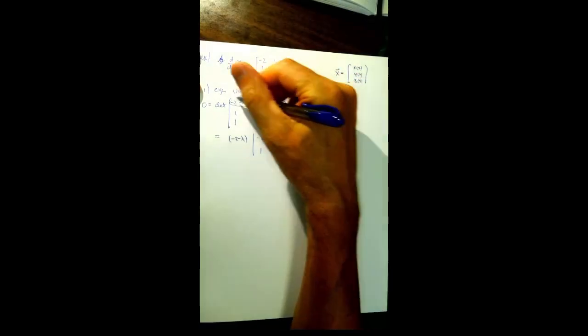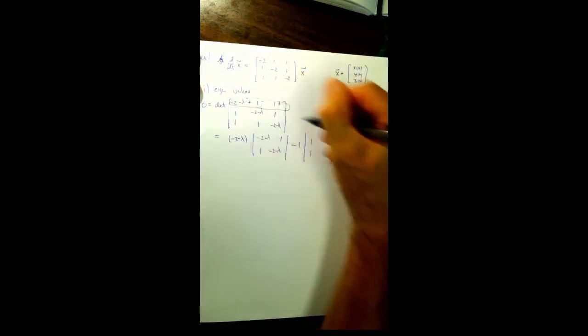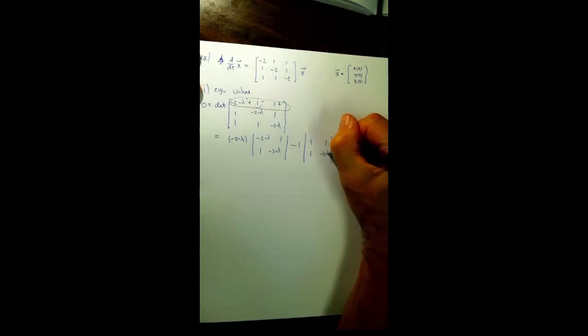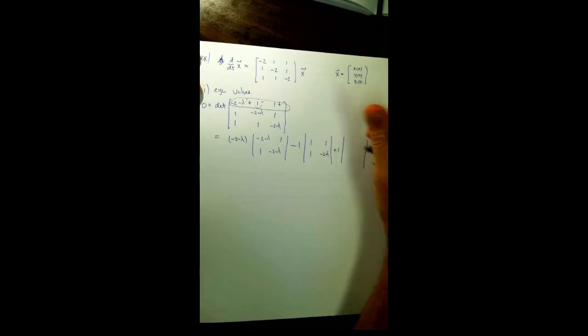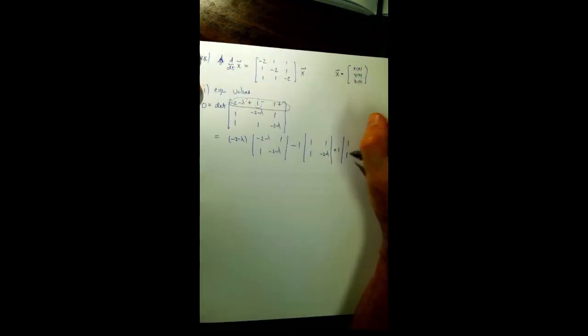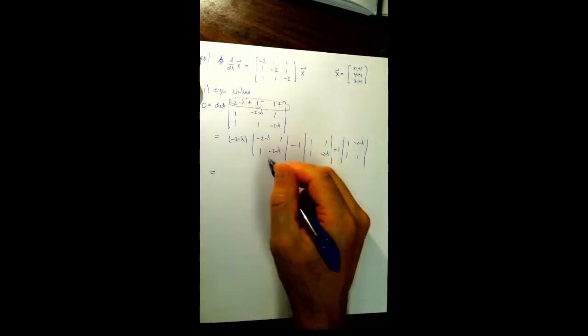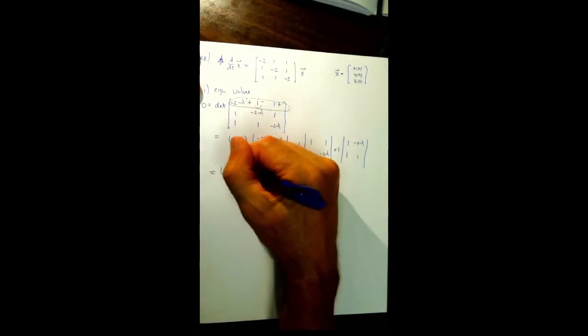This is going to be, so I remove the first row, second column, I'm left with 1, 1, then 1, minus 2 minus lambda, and finally plus 1. I'm going to have the determinant, remove the first row, last column, so I'm left with 1, 1, minus 2 minus lambda, 1. And at this point, I've got 2 by 2, so I can just grind it out.